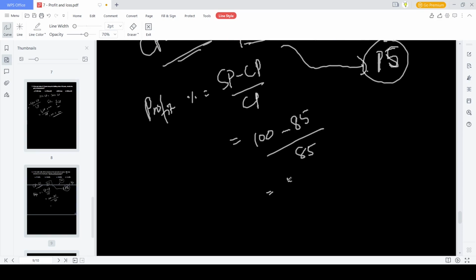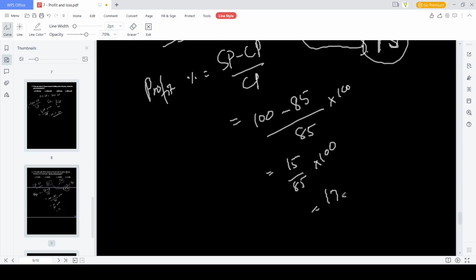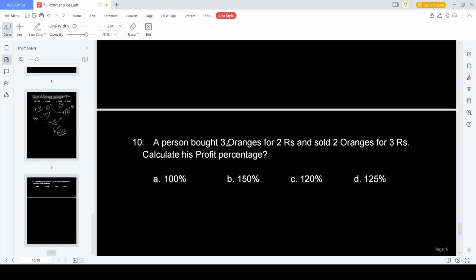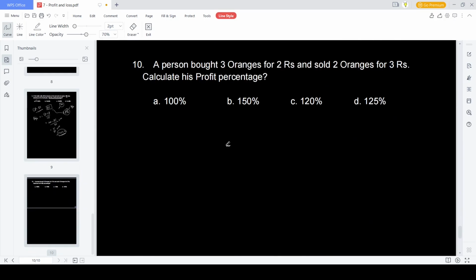This comes as 15 by 85, all into 100, and this comes as 17.64%. So this is his profit percentage, 17.64.